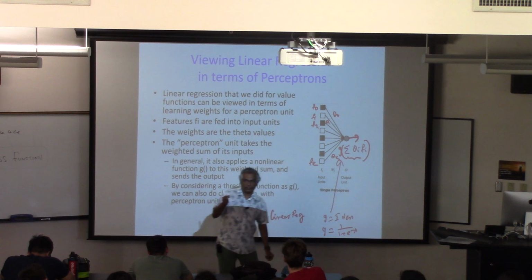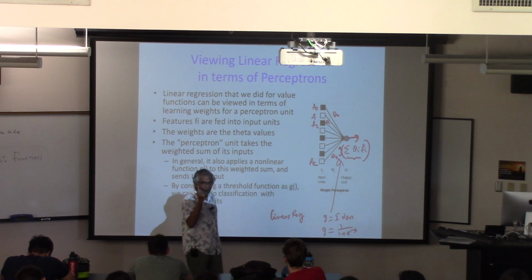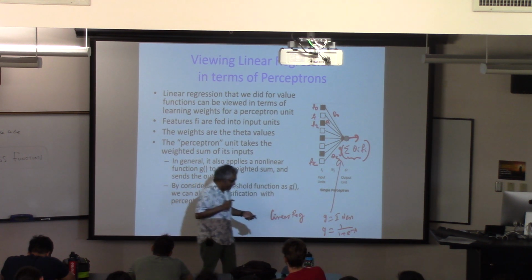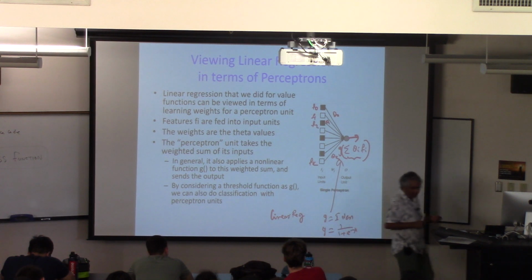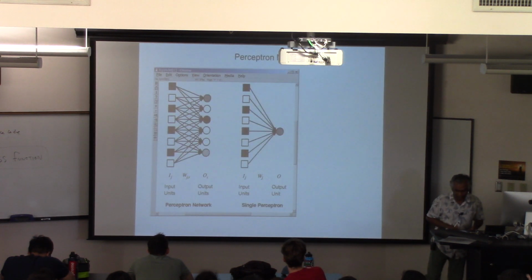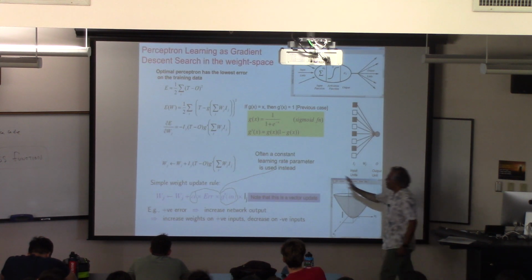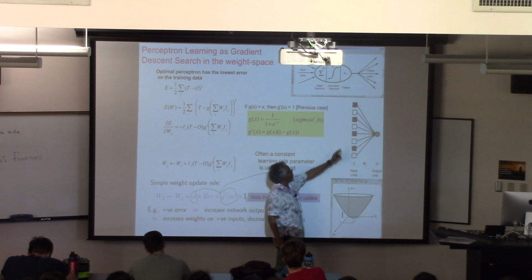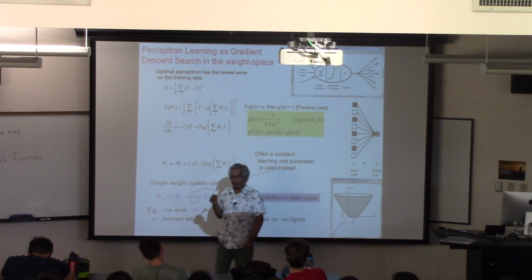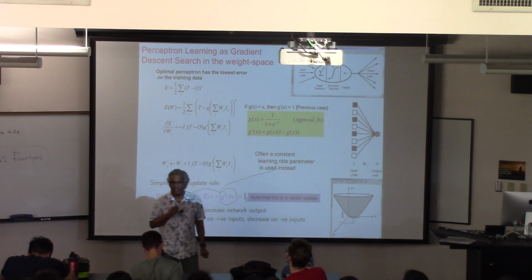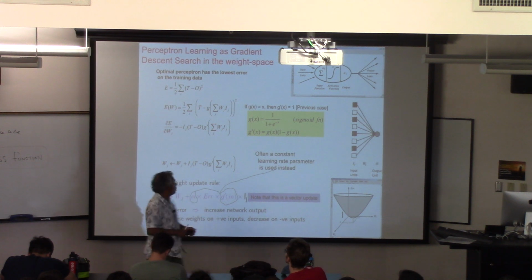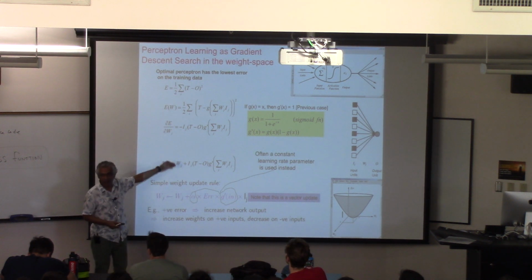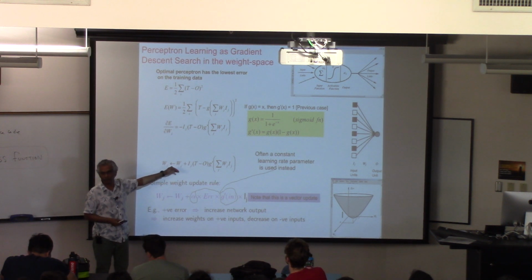I said almost. The one other difference is, if you're doing the perceptron with the logistic function, 1 by 1 plus e power minus x, as the thresholding function, you can do your weight update rule.